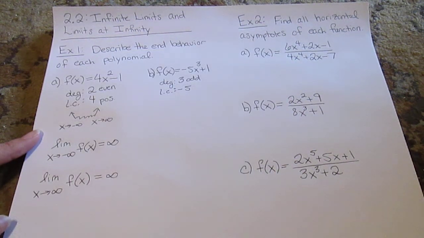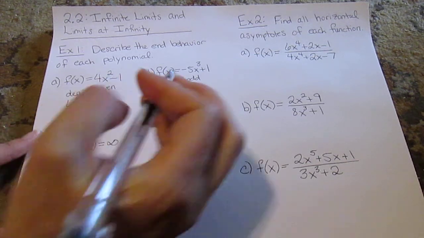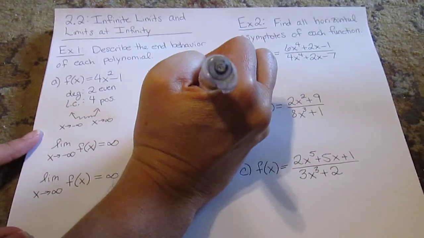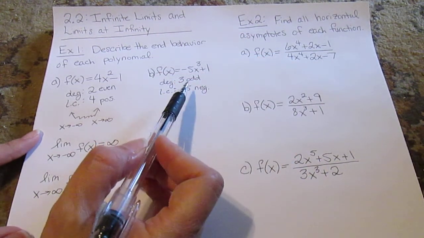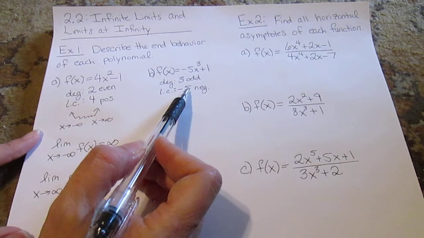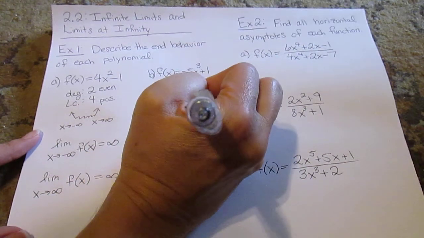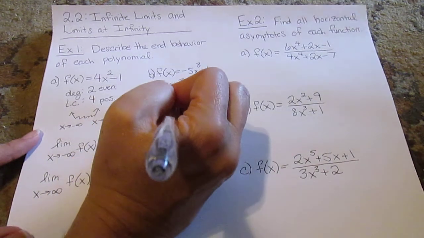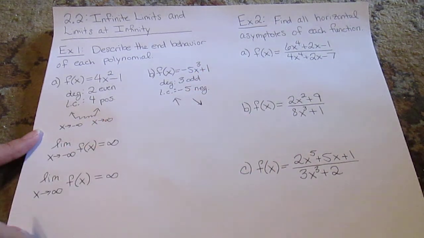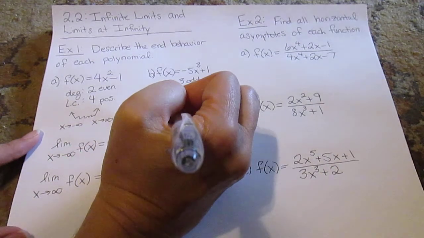One side's going to go up and one side's going to go down. And then my leading coefficient was negative. Remember, the leading coefficient is going to tell you the right side. So the right side is going to go down. And since it was an odd degree, they're opposite, so the other side, or the left side, is going to go up.